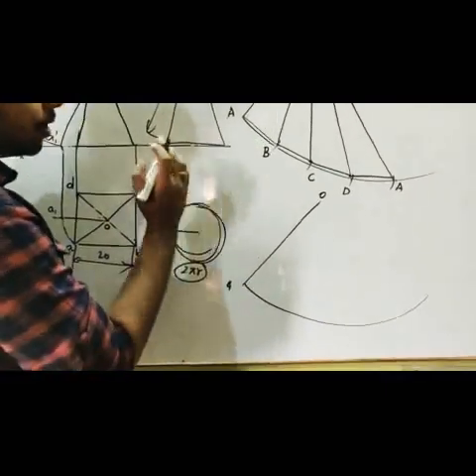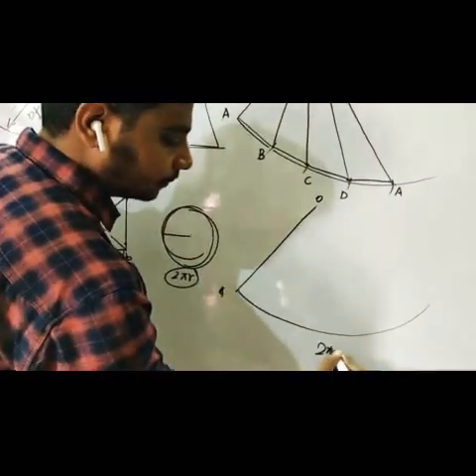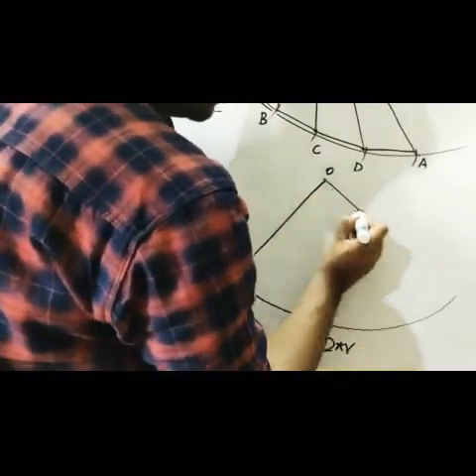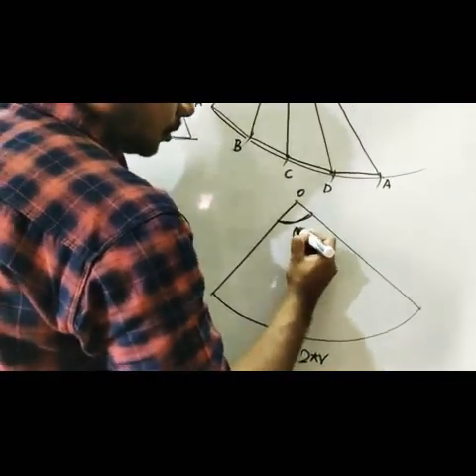the circumference of the circle at the bottom of your cone, that is your 2 pi r. So how to find this angle?